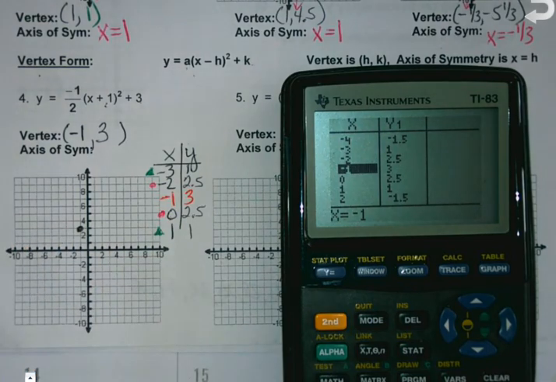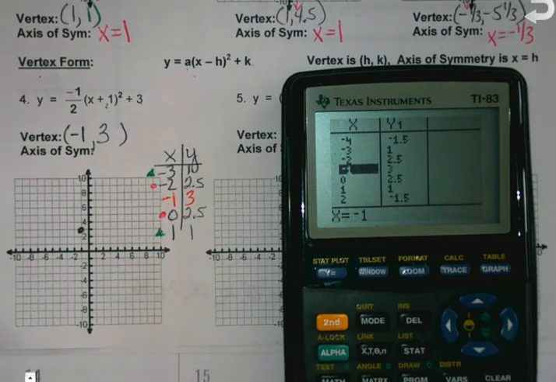It would be the same thing as if I had a vertex of, let's say, 3, 4. I take 2 x values less and 2 that are greater, and then I figure out the y. So my x values are going to change depending on what my vertex is, whatever my center value is going to be.